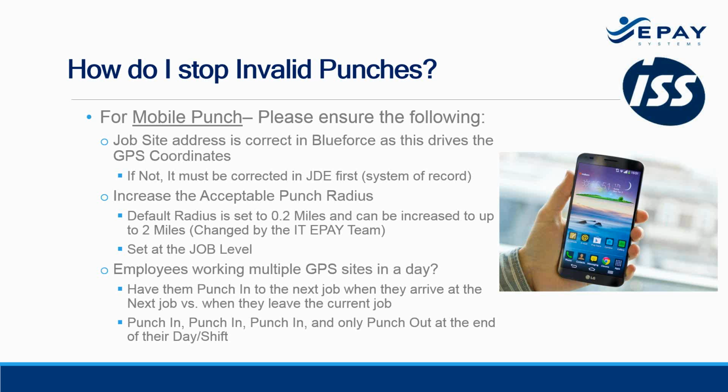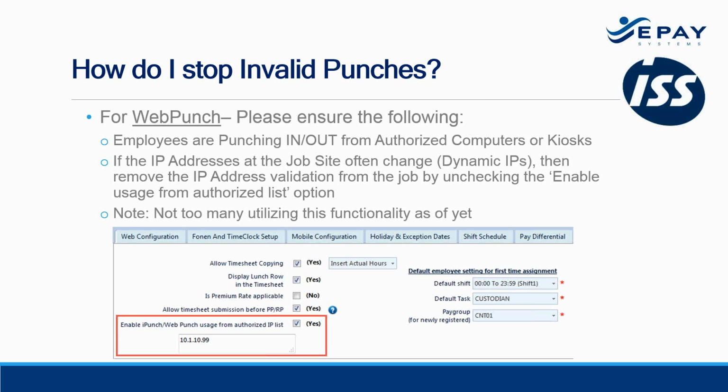Then lastly, we talk about Web Punch. I didn't talk much about Web Punch in this call because typically we don't have too many users. Most of our users using Web Punch are on the IFS side, but Web Punch is functionality to prevent invalid punches. The only thing right now that would cause an invalid punch is if we had enabled the functionality to make sure that only certain IP addresses are registered in the system.